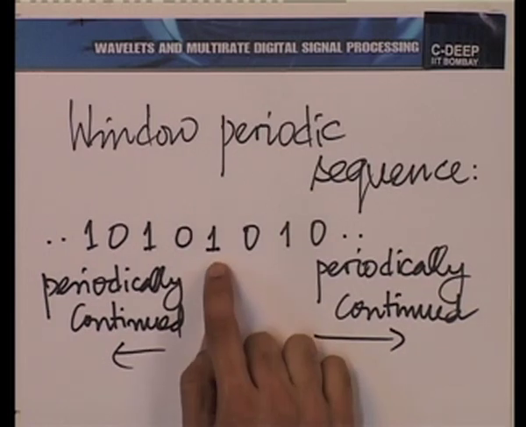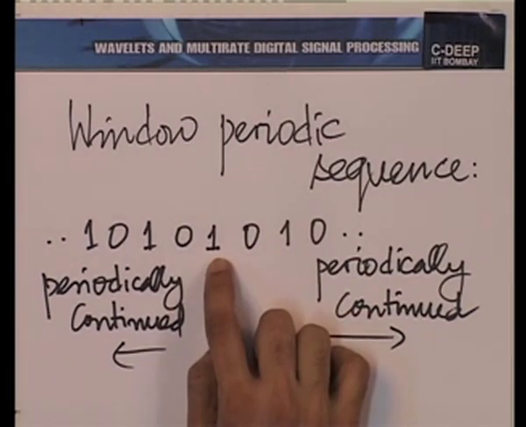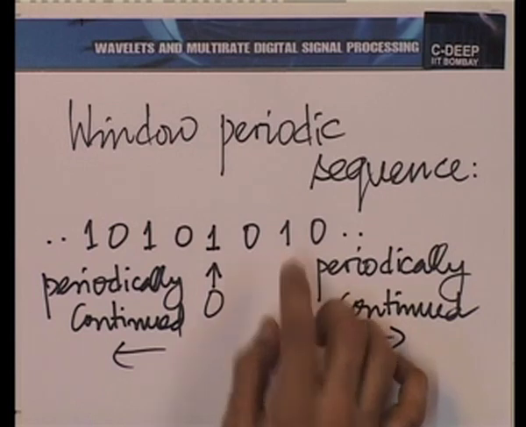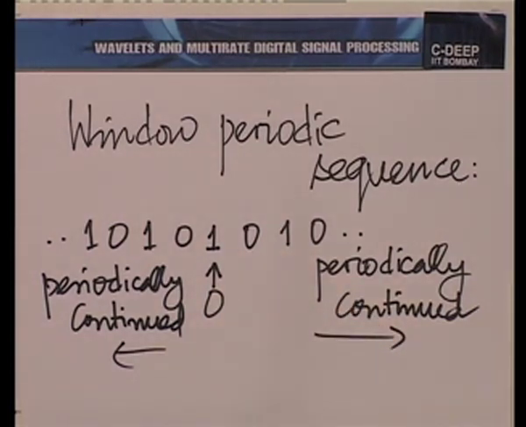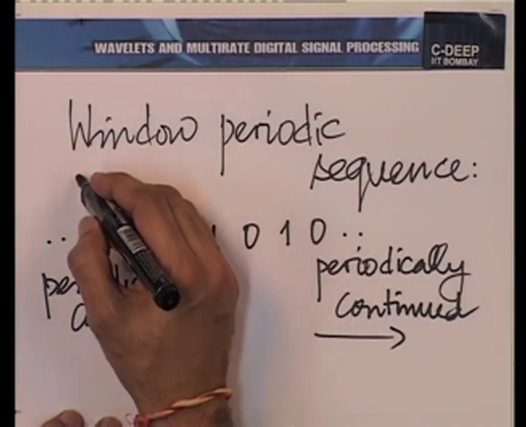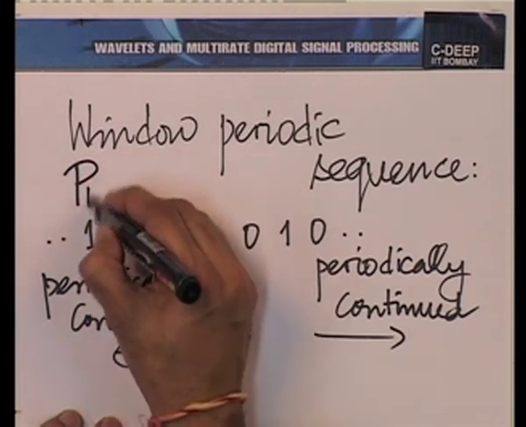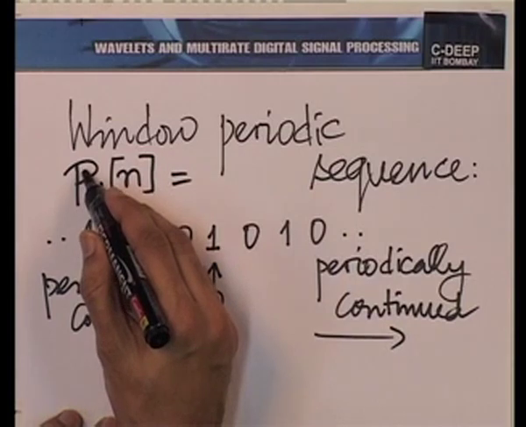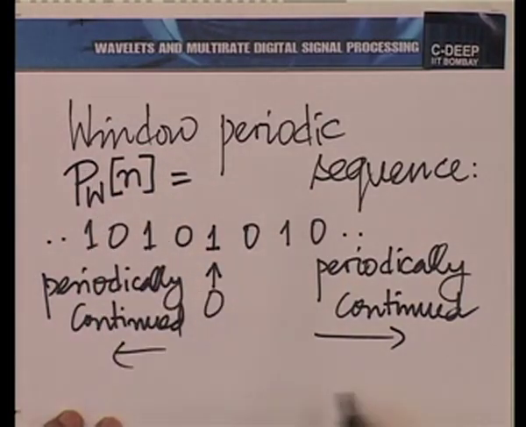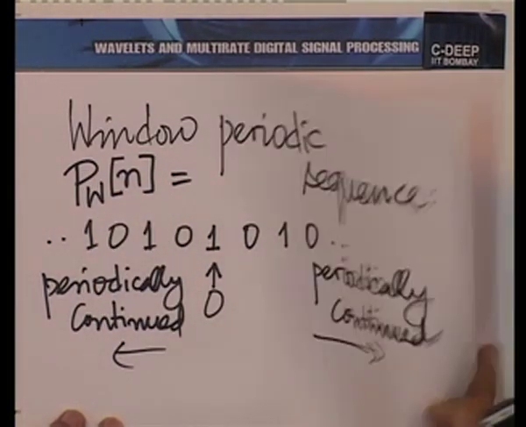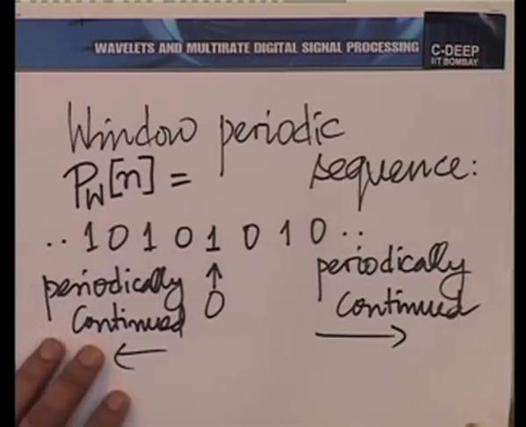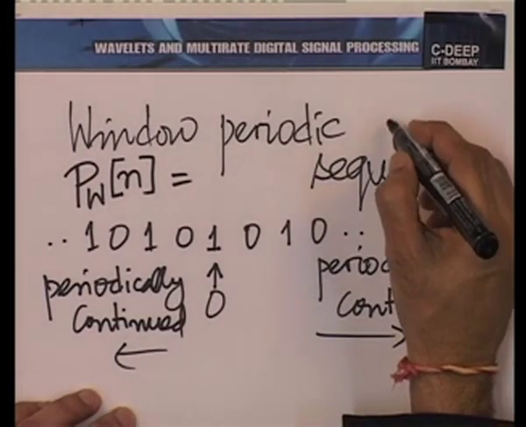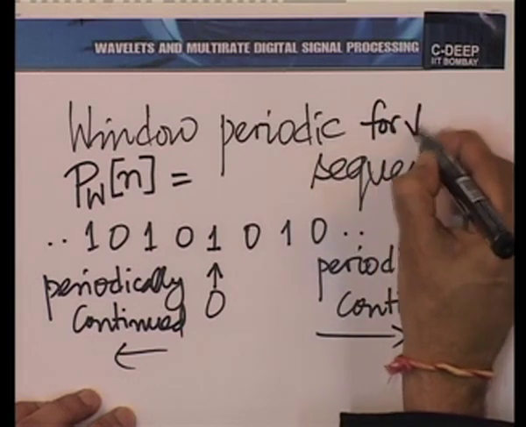So, you can think of it as a periodic window where wherever there is a 1, you are allowing the scene to pass, and wherever there is a 0, you are stopping the scene. Let us call this periodic window sequence PW_N, where the P is to denote periodic and the W subscript is to denote the window behavior. So, this is a window periodic sequence for downsampling by 2.